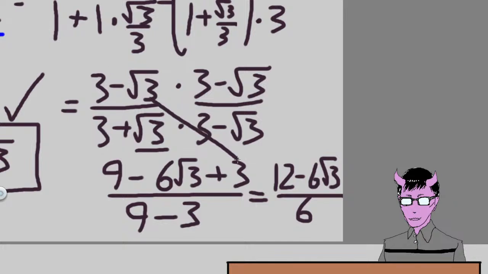That is correct. This is 3 root 3 plus 3 root 3. Yes. And then 9 plus 3 is 12. Yep. That's correct. 9 minus 3 is 6. Yes. This one should be correct. 12 divided by 6 is 2. And then 6 divided by 6 is 1.